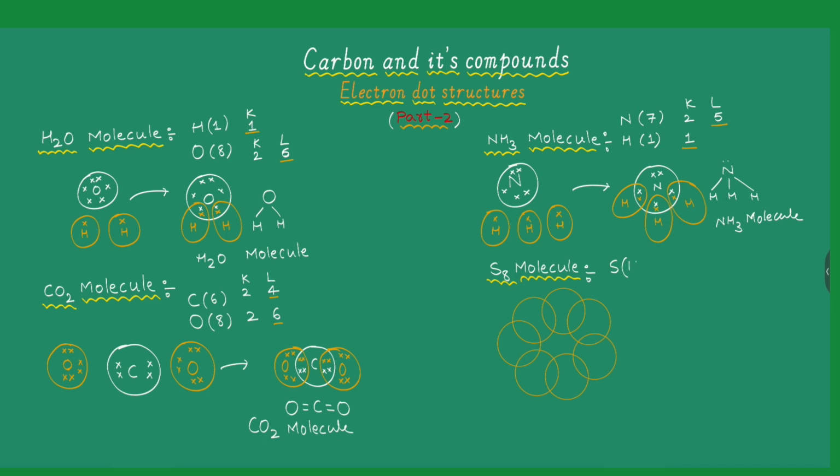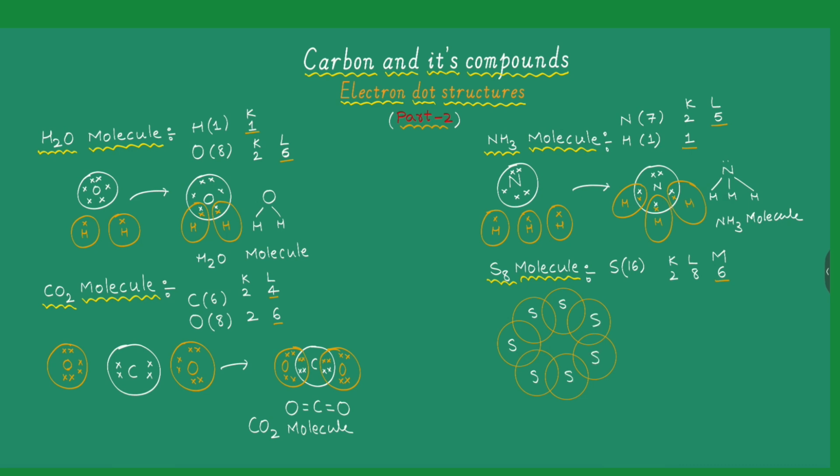Sulfur atomic number is 16 and we will have 3 shells here. In the K shell 2 electrons, in the L shell 8 electrons, in the M shell 6 electrons. So the valence electrons of sulfur is 6. Every sulfur will have 6 valence electrons, and a total of 8 sulfur atoms will be there.